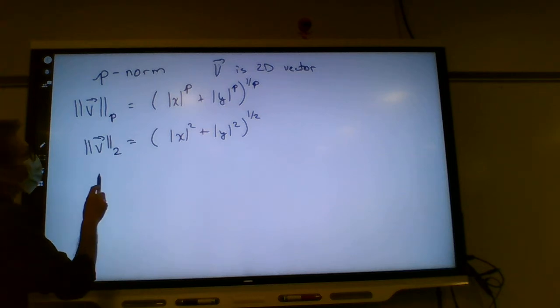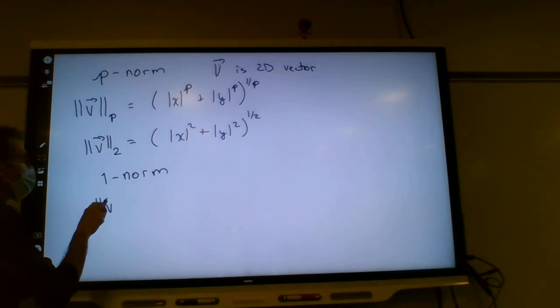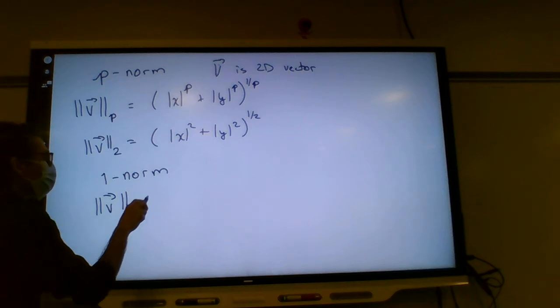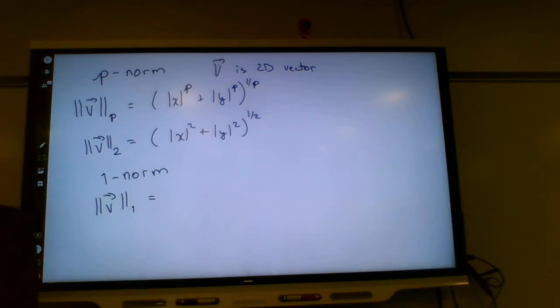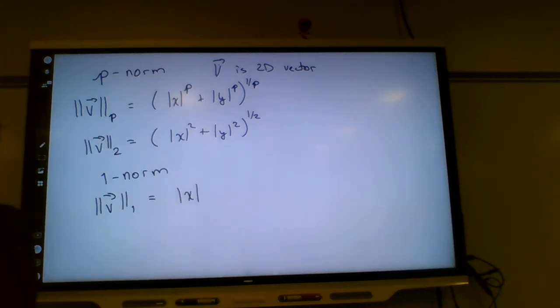All right, so let's think about the 1 norm. What would the 1 norm of a vector look like? The 1 norm of a vector is going to take the absolute value of the x, then raise it to what power? To the 1st power. So it's just the absolute value of x, right?